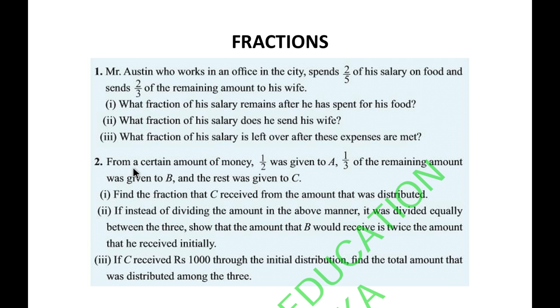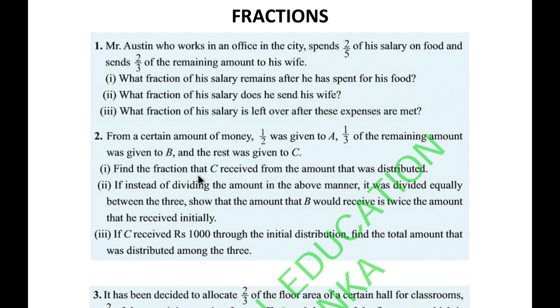The second one: from a certain amount of money, half was given to A, 1/3 of the remaining amount was given to B, and the rest was given to C. Roman number 1: find the fraction that C received from the amount that was distributed.